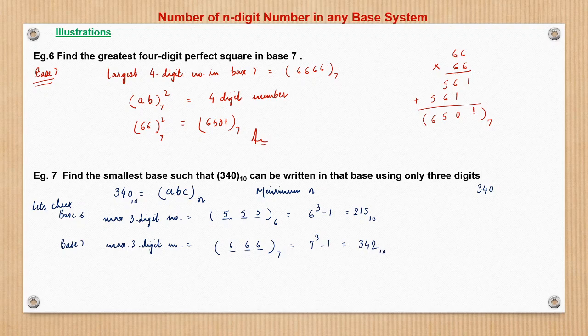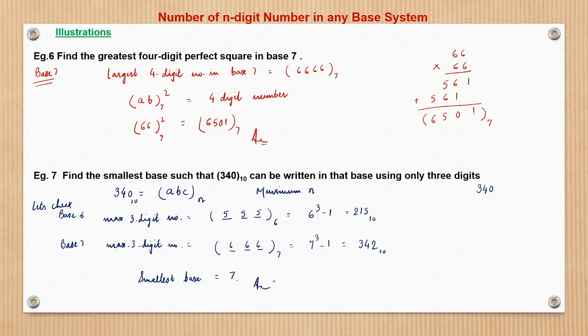Since we want the smallest base, and 342 is a 3-digit number in base 7, certainly 340 is also a 3-digit number in base 7. Less than 7 is base 6, but in base 6, 340 will be more than a 3-digit number. This we have checked. So the smallest base which satisfies this is 7.